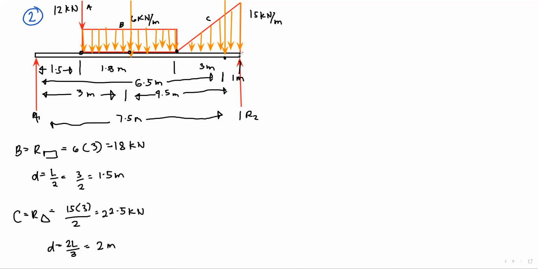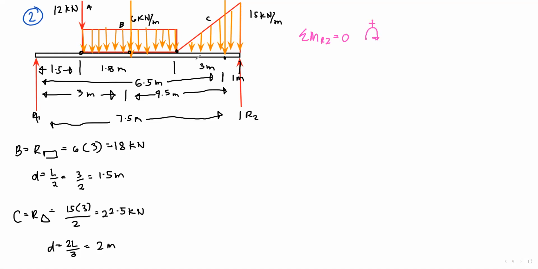So we have the distances relative to R1 and relative to R2. Our step 1 would be to find the moment at R2. The summation of moment at R2 is equal to 0.